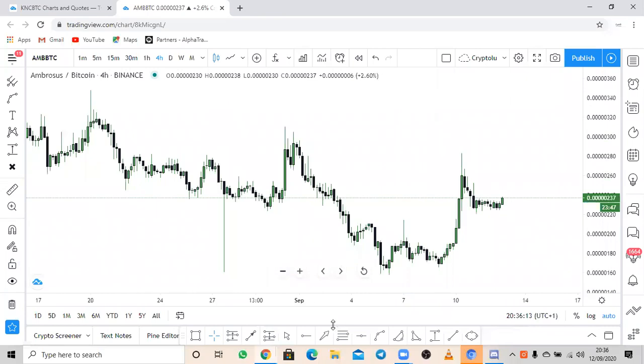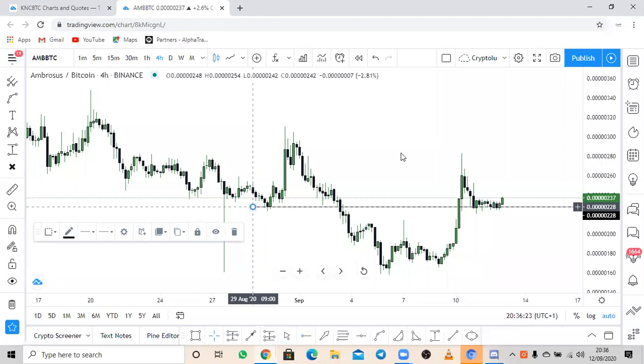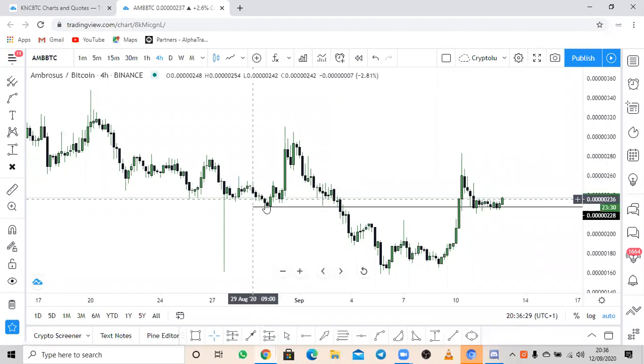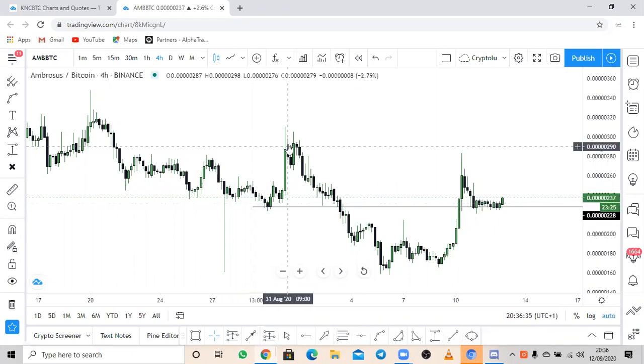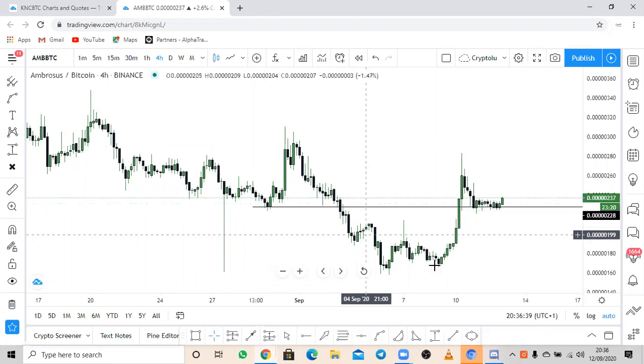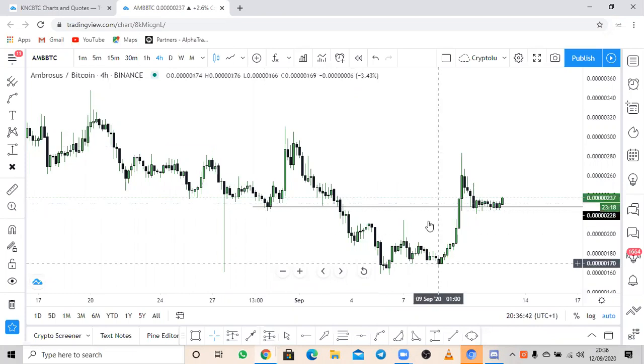a support level here. Okay, so we have a support level here. And after price came to test this level at first, it reversed back all the way up here before coming back and breaking it and going below the support level, which turned to resistance.